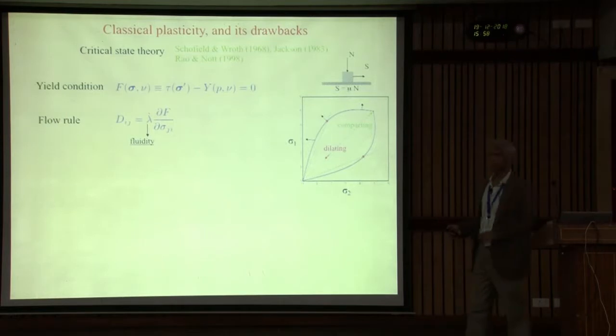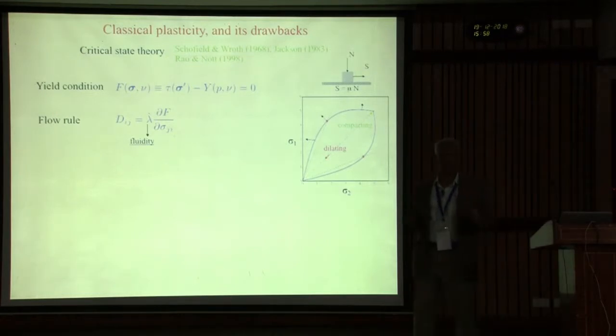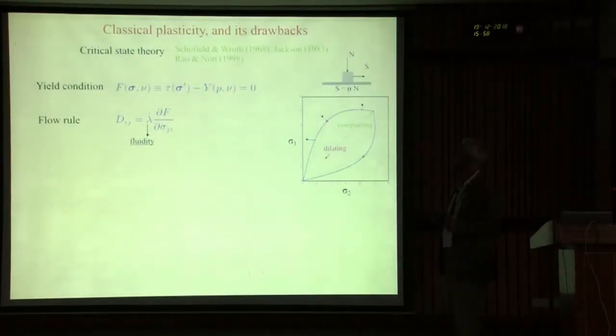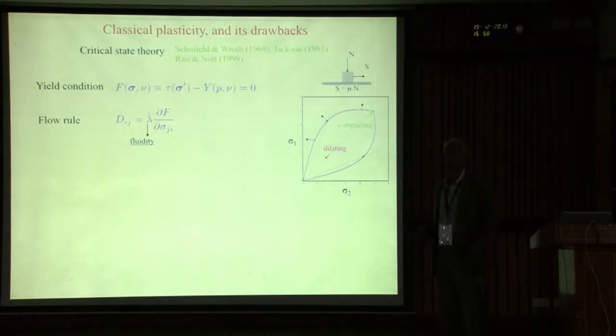Let me start with what the deficiencies of the classical theories are, the classical plasticity theories. First of all, I'm going to be talking about really slow flows, so the limit of zero particle inertia, and therefore the inertia number that Jean-Noël and others mentioned is very close to zero, much smaller than unity.